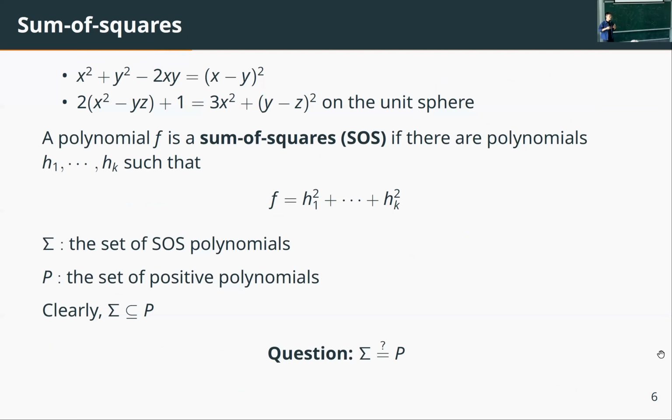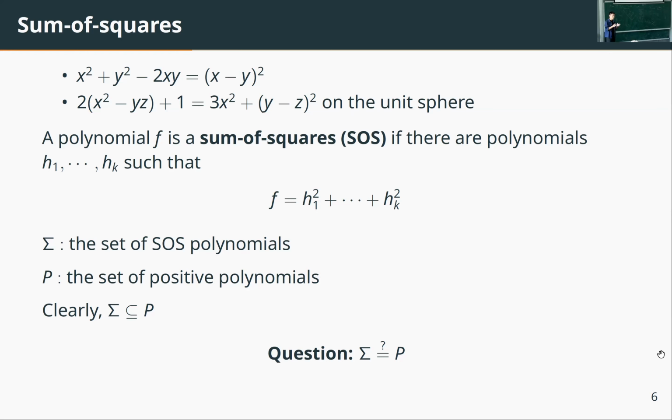So we define a polynomial to be a sum of squares, or an SOS, if it can be written as a sum of squares of some other polynomials. And we use sigma to denote the set of polynomials that have such a sum of squares decomposition. And we use P to denote the set of positive polynomials. Apparently, if a polynomial can be written as a sum of squares, then it is a positive polynomial.